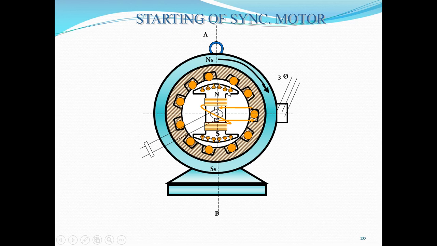Why can we not rotate the rotor directly? Because it is a closed frame. On the outside we have only the shaft. The shaft is coupled with another DC motor or pony motor, and the shaft is rotated near the synchronous speed.